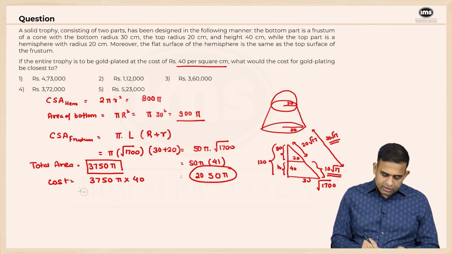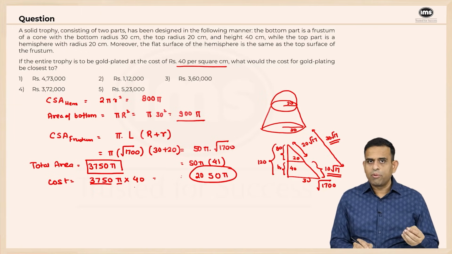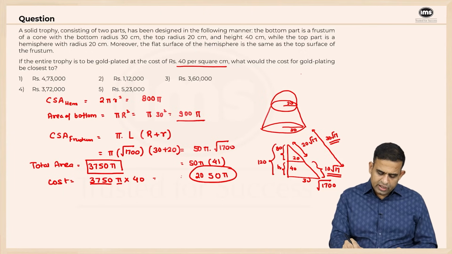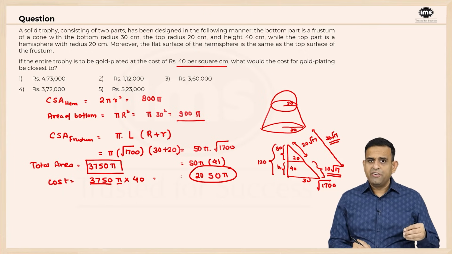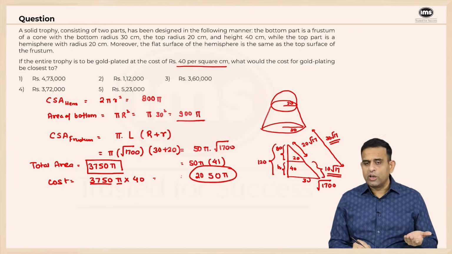So if you look at over here, this part will be simple because 3750 into 3 approximately will come out to be 375 into 3, for example, which gives you 1125.